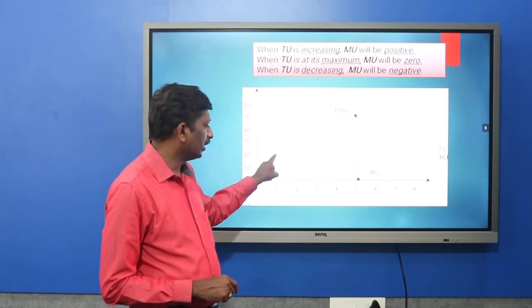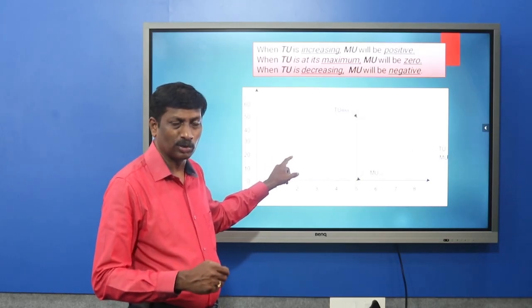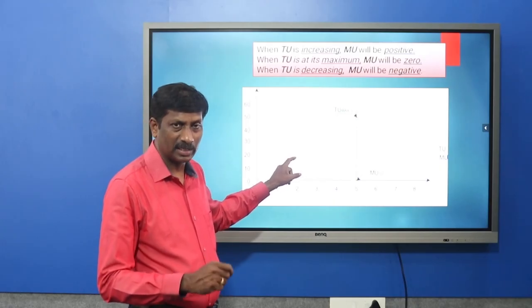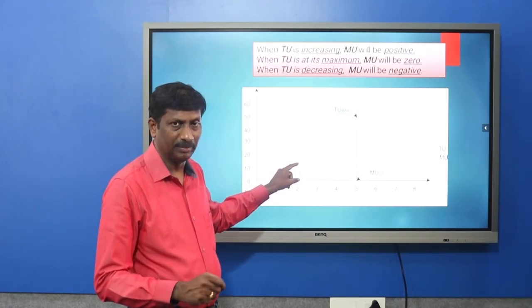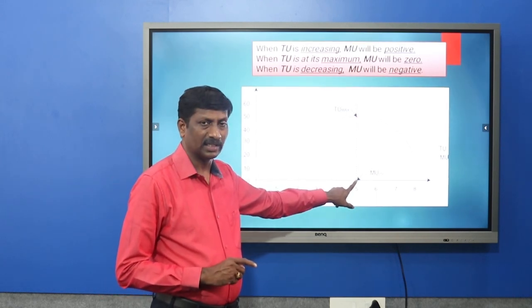Then we know that as per the law, when the consumer consumes more and more units of a commodity, the additional satisfaction, that is marginal utility, goes on diminishing. We can see that MU is a declining line.